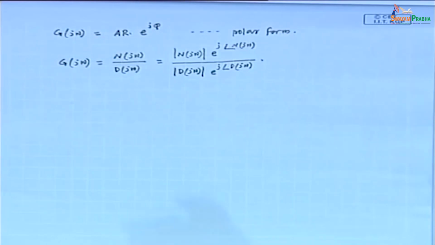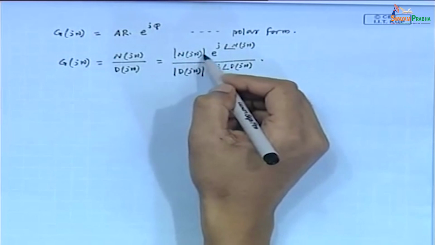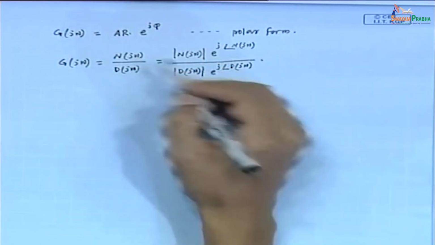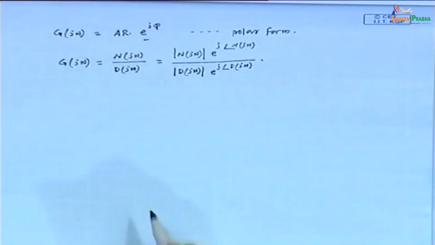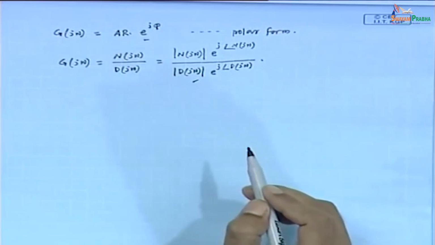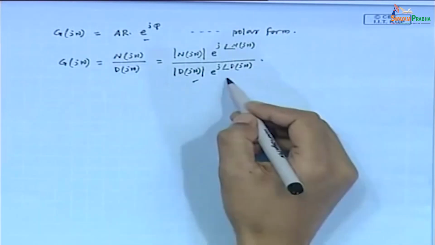Fine. This is the magnitude of this numerator multiplied by this exponential term. Similarly, for the denominator, this is the magnitude of the denominator and this is the exponential term.